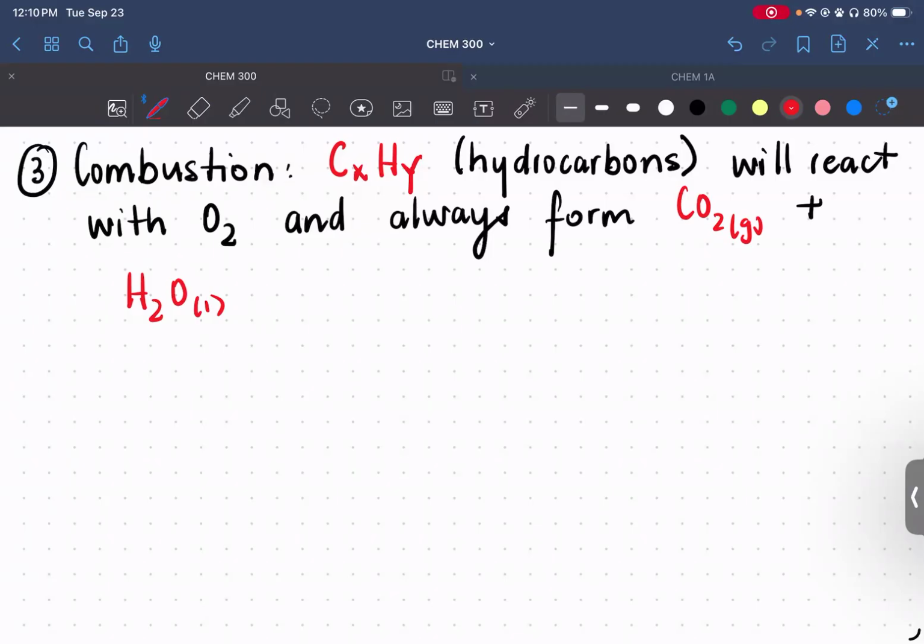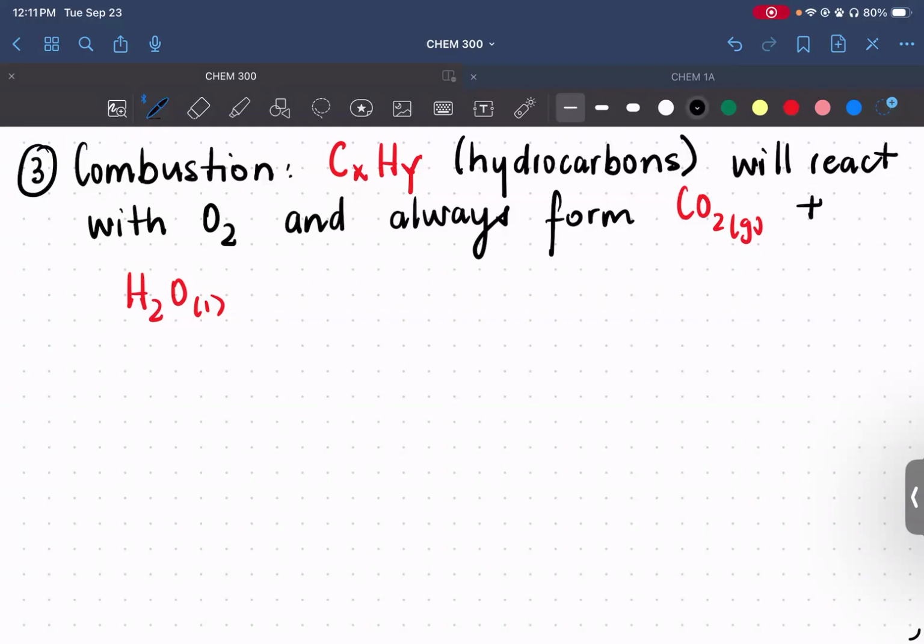So when we burn fossil fuels, aka when we burn hydrocarbons, aka when we burn CxHy, they will always form carbon dioxide and water. So in the case of combustion, there really isn't any guesswork as to the products.